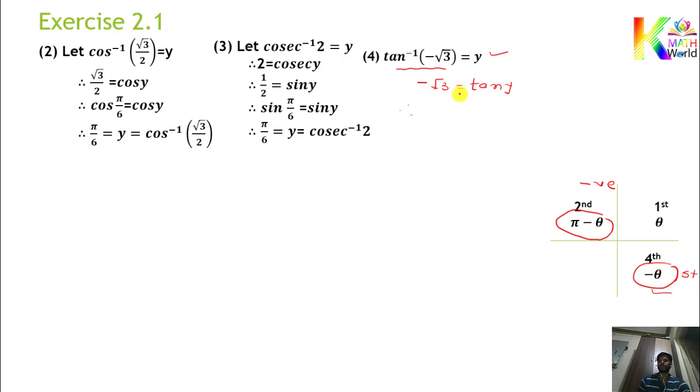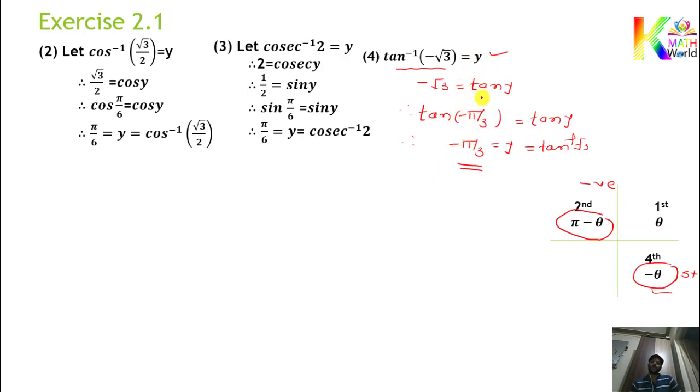Tan 60 is root 3, so we can write minus tan 60, which means minus pi by 3, equals tan y. So minus pi by 3 equals y, where y is tan inverse of minus root 3. What is the answer you got? Minus pi by 3.